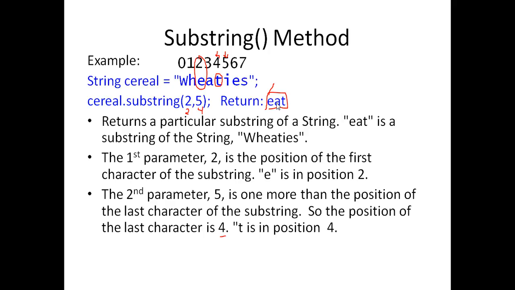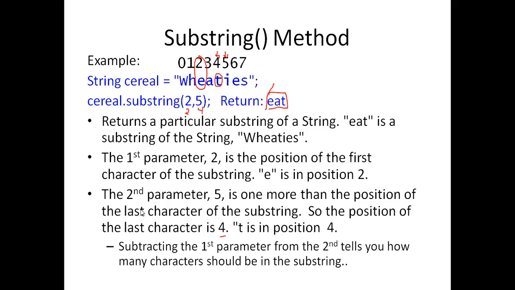And then of course we include everything between. Now one thing you can use, and some people like subtracting the first parameter from the second, because that tells you how many characters you should have in the substring. So if you take this, you go, well, 5 minus 2 is 3.